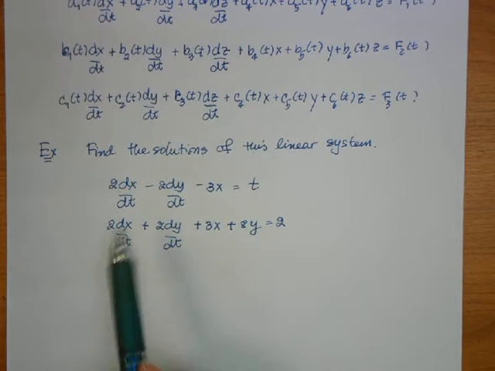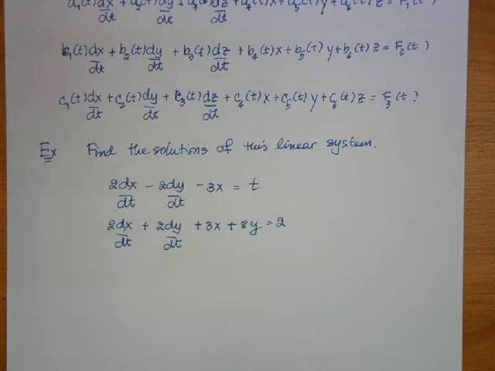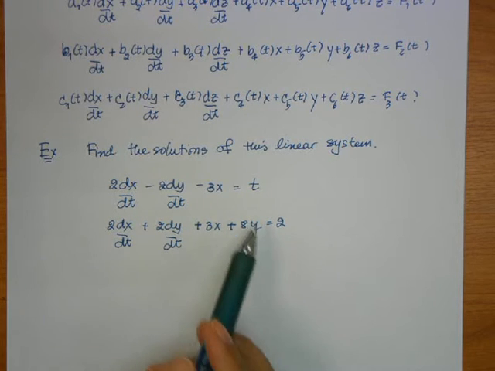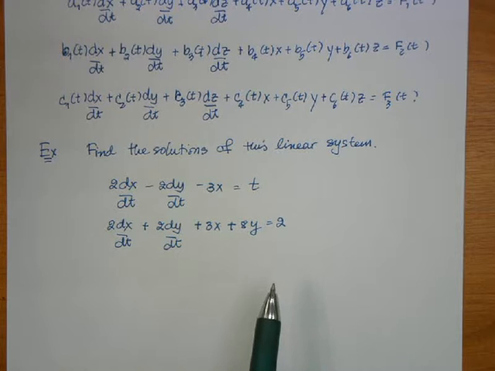We have two dependent variables, x and y, and one independent variable, t. This is not a homogeneous differential equation, it is a non-homogeneous differential equation. So in order to find the solution, we are going to use the previous technique, combined with Cramer's rule, to find x and y as functions of t.